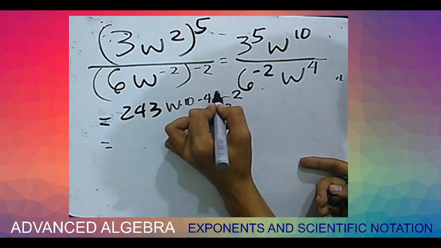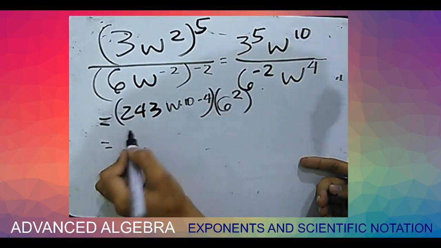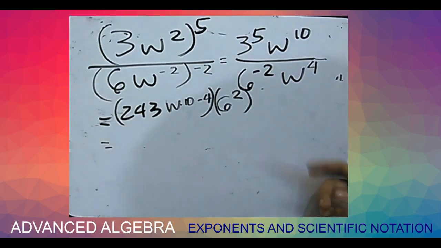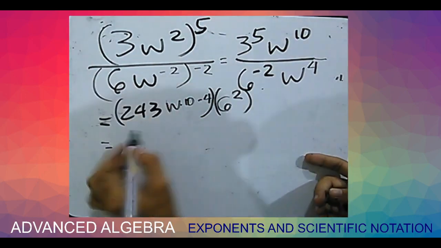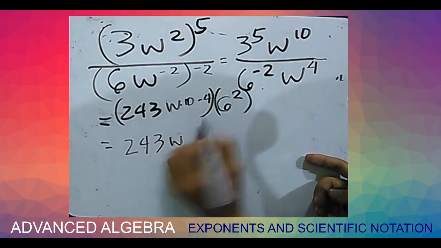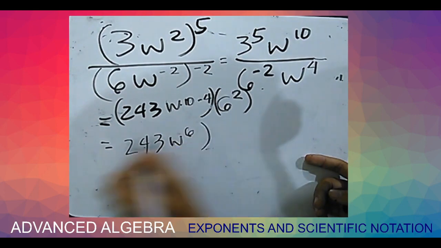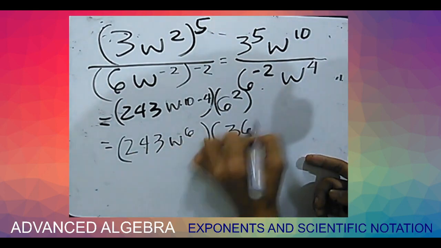Okay? Lagyan natin dito ng parenthesis para hindi tayo malito. So, nawala na siya sa denominator. So, 243, W. So, 10 minus 4 is 6, times 36.